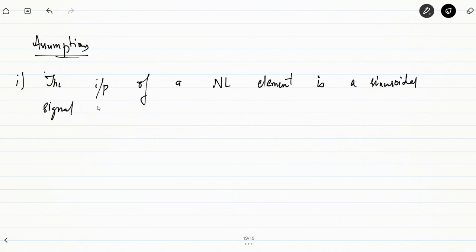So it will be a sinusoidal signal. That's the fundamental components of the output, actually. So this in other words means the fundamental component of the output contributes to the system response.